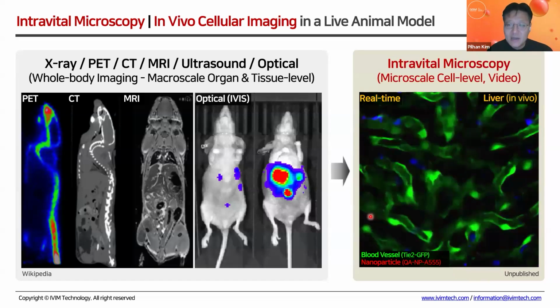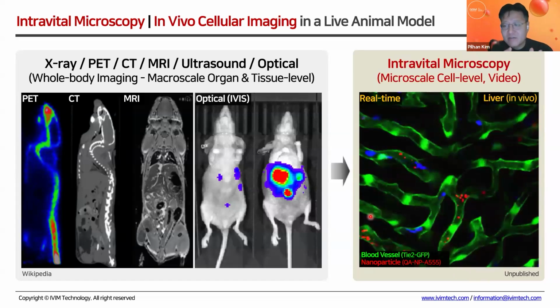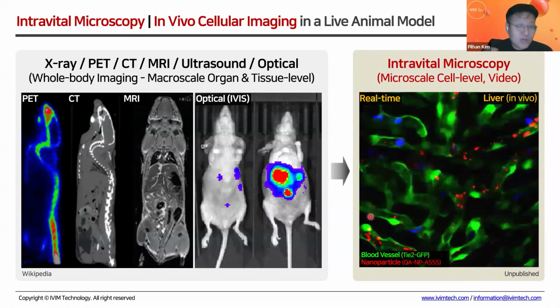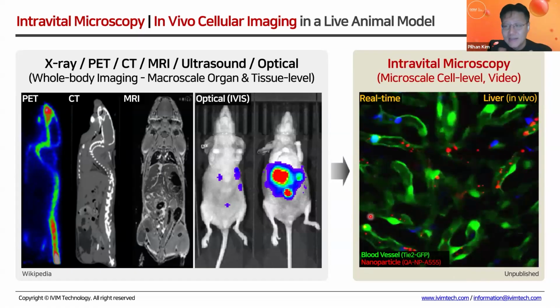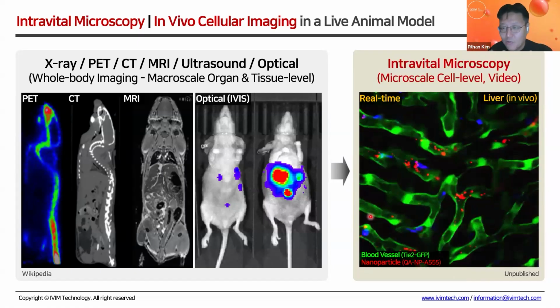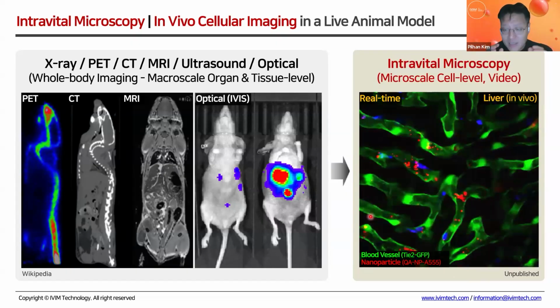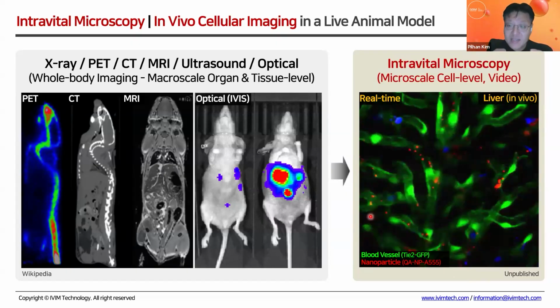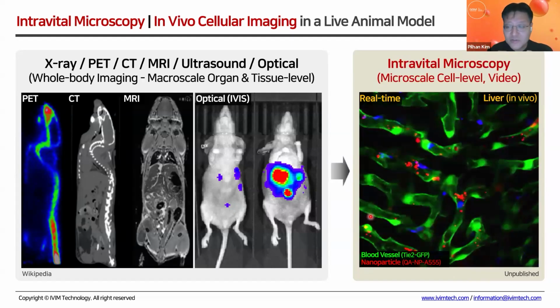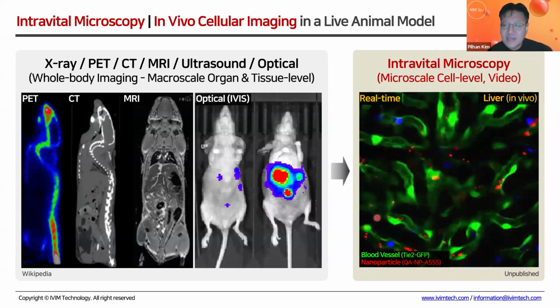Next, not just cells: we can also image drugs in a live animal model with fluorescent labeling. In this particular example, we are looking at the liver of a live mouse model, and we inject fluorescently labeled nanoparticles through the tail vein intravenously.